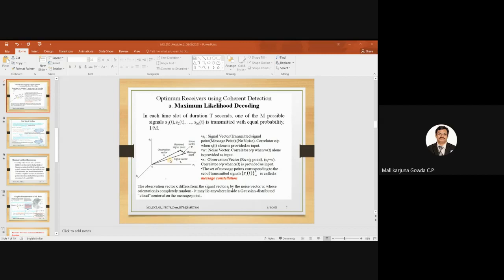The received signal point should be as close as possible to this message point. Then I can say I am able to estimate the transmitted symbol correctly. If the distance between these two is large, then there will be a chance of taking a wrong decision about the transmitted symbol.